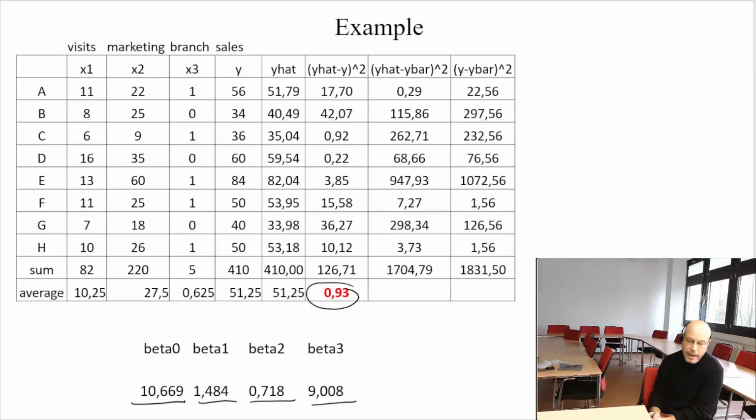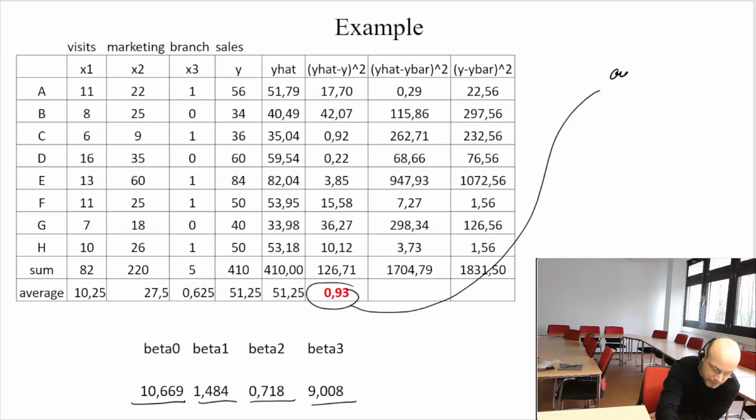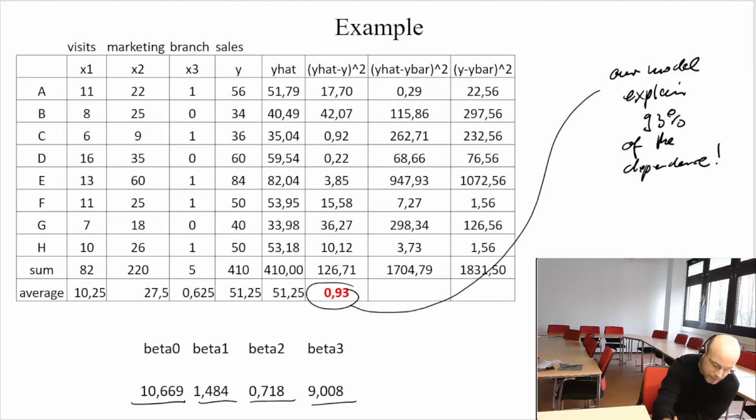And yeah, what is again our interpretation of these numbers? Well, this means our model explains 93% of the dependence.